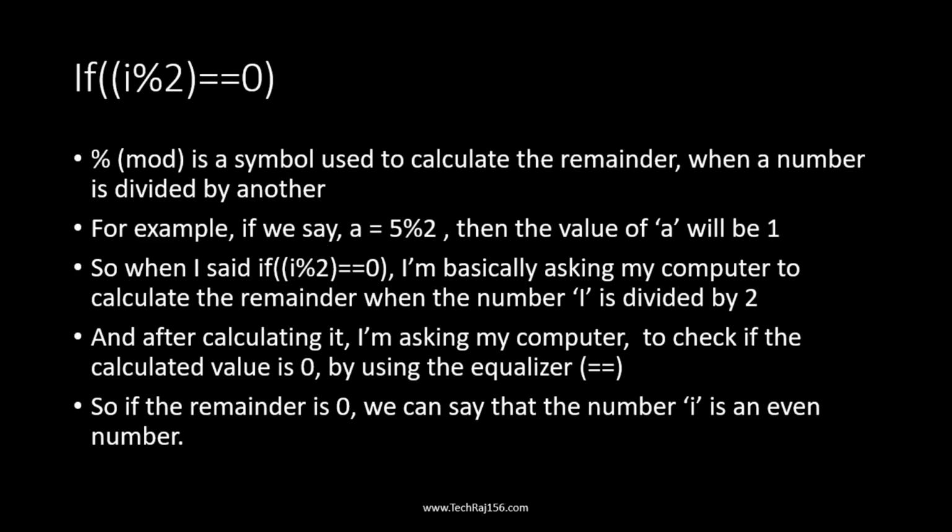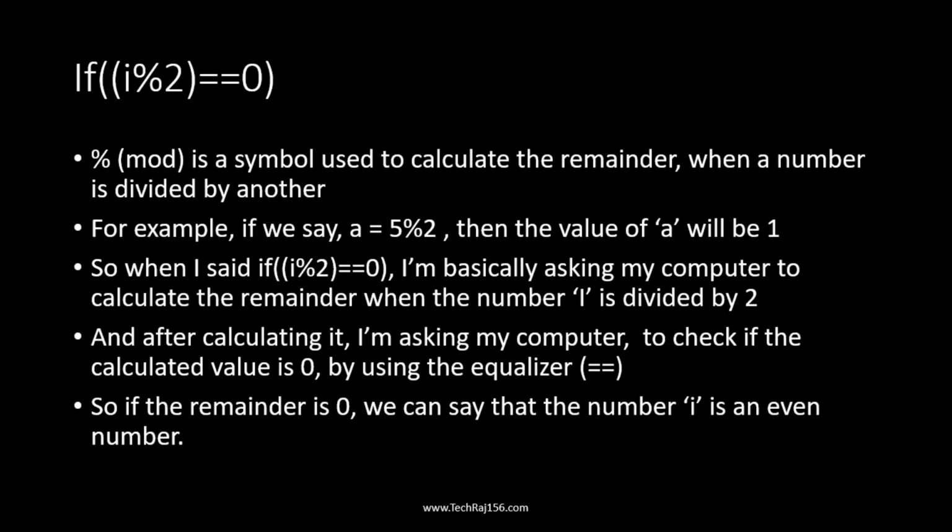And after calculating it, I'm asking my computer to check whether the calculated value is 0 by using the equalizer. An equalizer is nothing but two equal to signs, one equal to sign followed by another. So in programming, we use this equalizer in conditional statements to check the equality between two values or two variables.